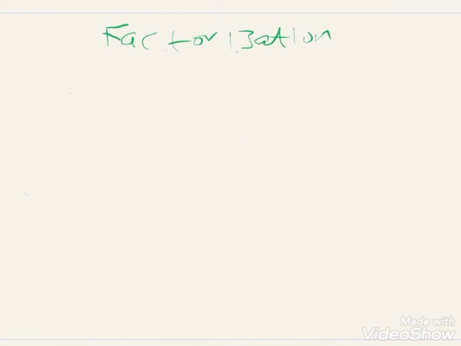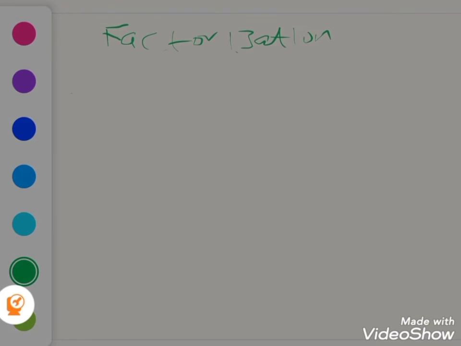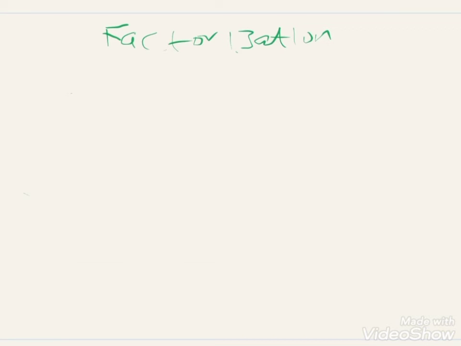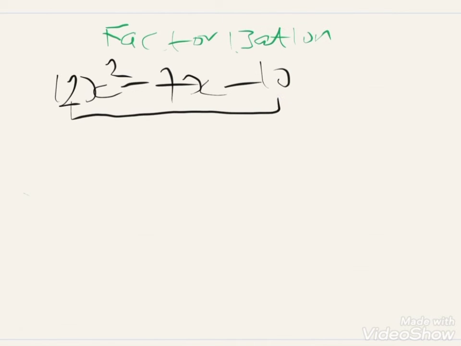All right, let me take color here. So the second one is 12x squared minus 7x minus 10. At least in the last video, you saw this expression. I factorized it straight away. I didn't explain. Now, let me explain it. Multiply 12 and minus 10. You shall have minus 120. Just the same step.